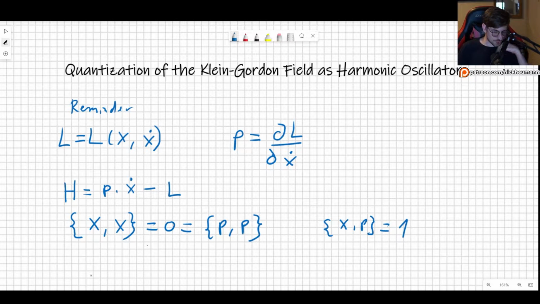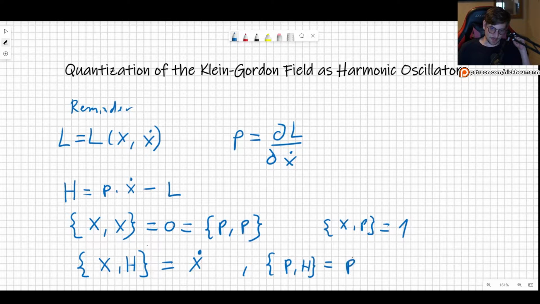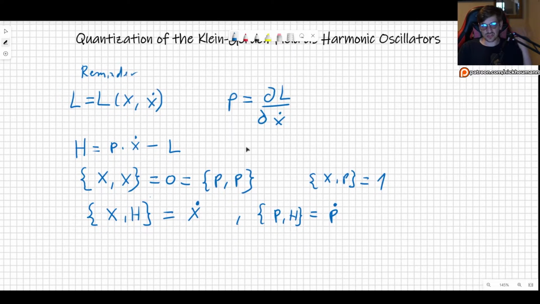We could also use Poisson brackets to determine the equations of motion. For example, the Poisson bracket of x and the Hamiltonian gave x dot, and the Poisson bracket of p and the Hamiltonian gave p dot. That's what we had in the case of classical mechanics.